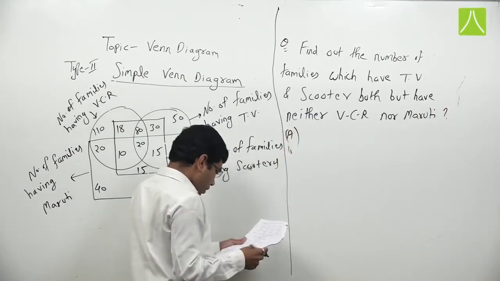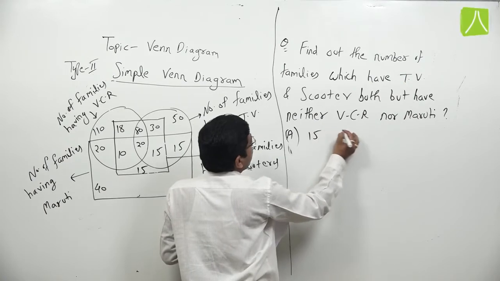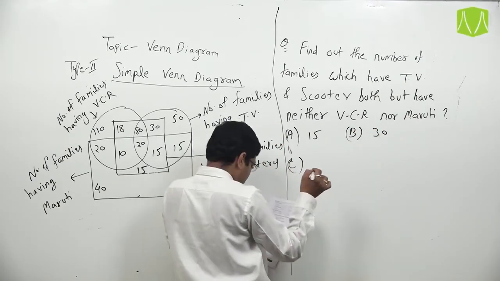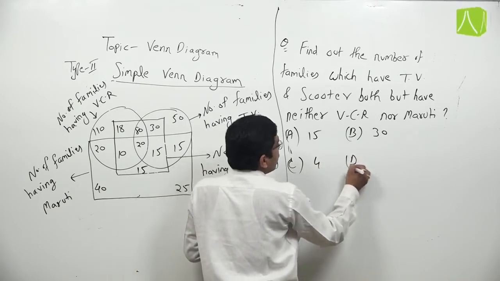Our options are, first option is 15, second option is 30, third option is 4, and fourth option is 50.